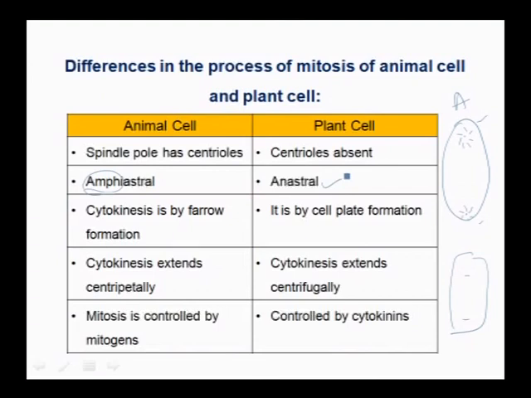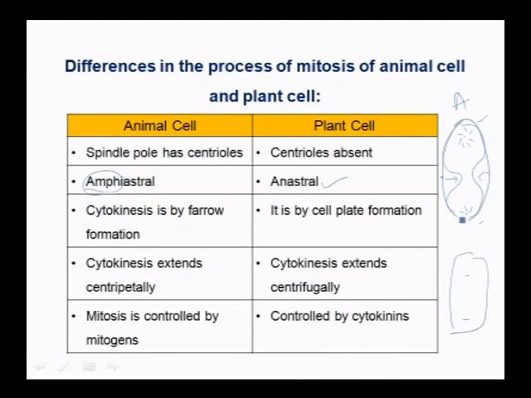Next, moving on to cytokinesis. Cytokinesis in animal cell occurs with the help of furrow formation. Furrow formation occurs at the periphery, and the filaments and microtubules start pulling the plasma membrane towards the center of the animal cell, as a result of which the animal cell will show the furrow or cleavage like this.